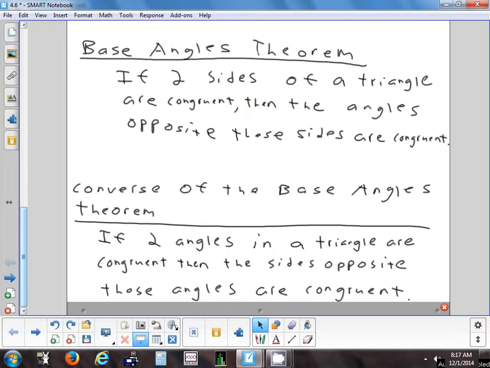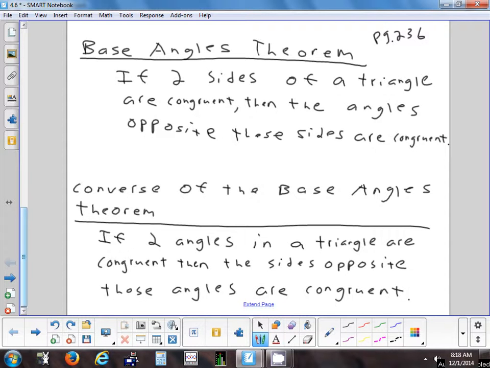If you're looking in the book, these two theorems are both on page 236. They are theorem 4.6 and 4.7, but again, I wouldn't be expecting that you would know that. You don't need the theorem number. Everyone have the theorems?